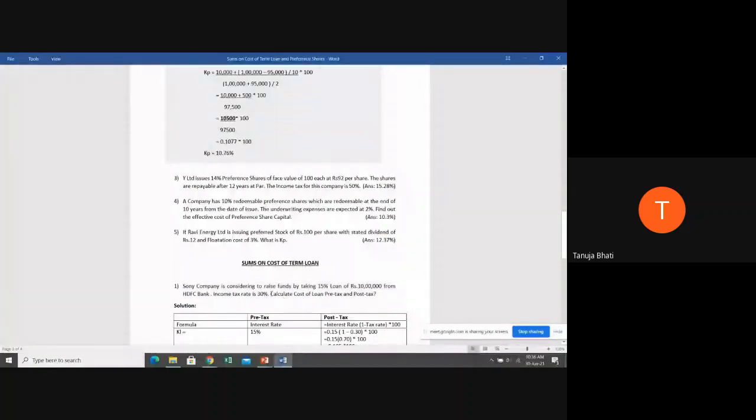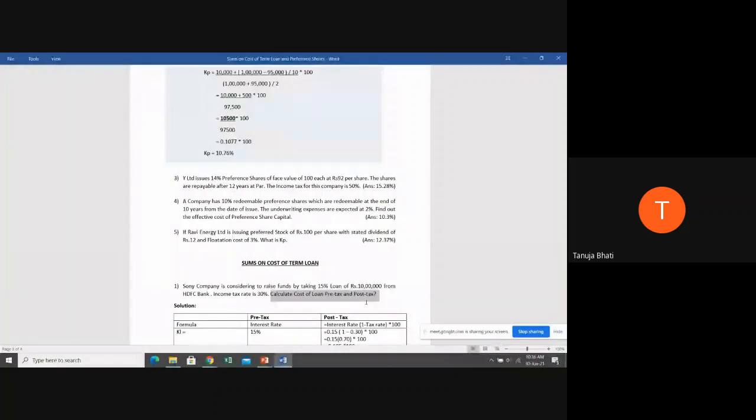Calculate the cost of loan pre-tax and post-tax. So here a loan is taken from HDFC Bank at 15%. Sony company gets finance of 10 lakhs in the form of loan, but what is the cost that it has to incur to get this loan of 10 lakhs?